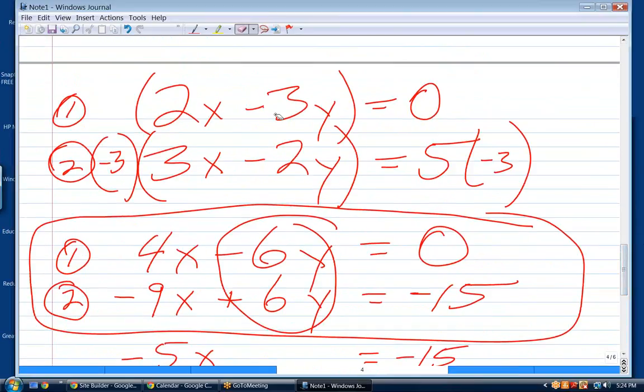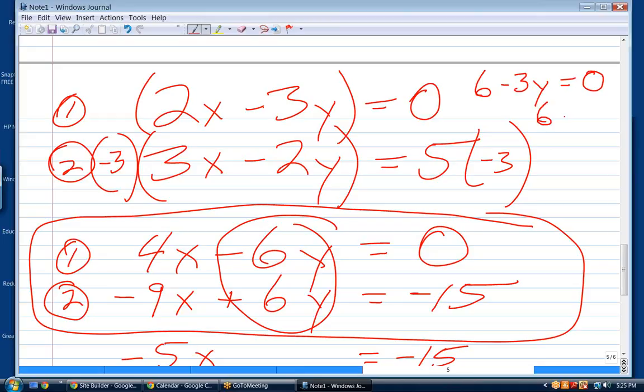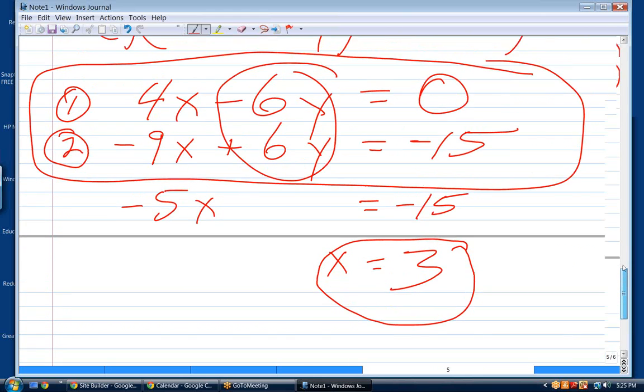What do we get? 2 times 3, so we get 6 minus 3y equals 0. Move the y to the other side. Get 6 equals 3y, and now y equals 2. So there's my solution: y equals 2, x equals 3.